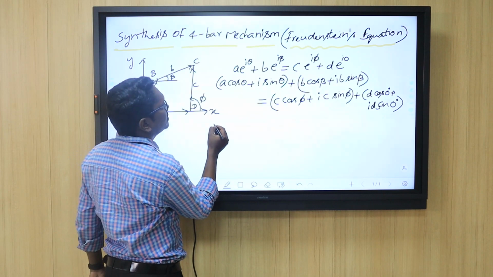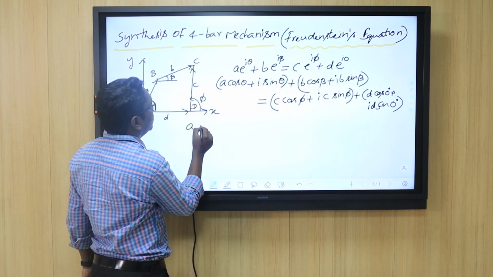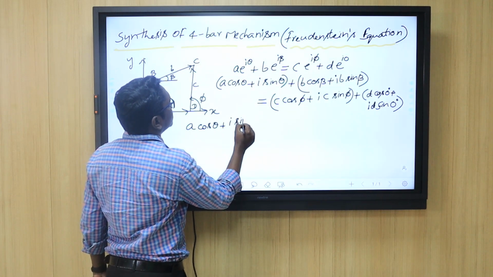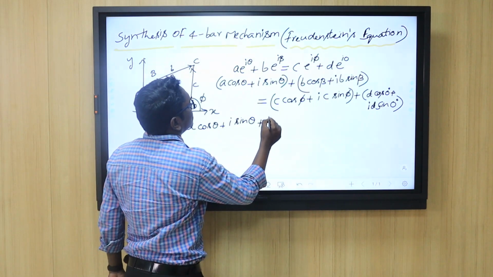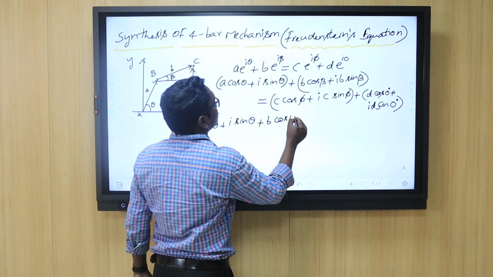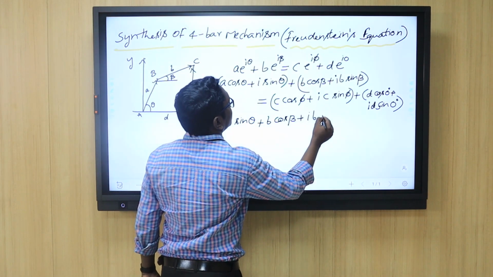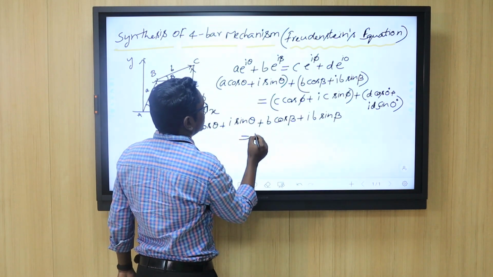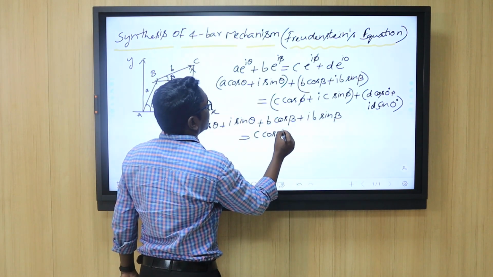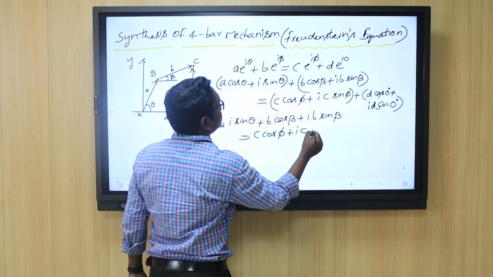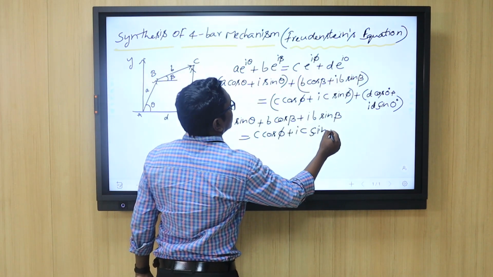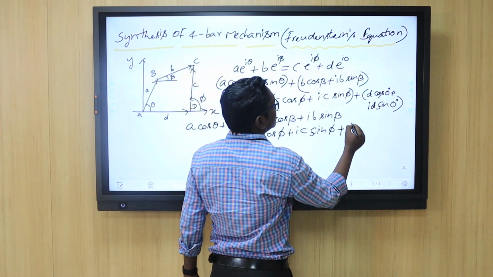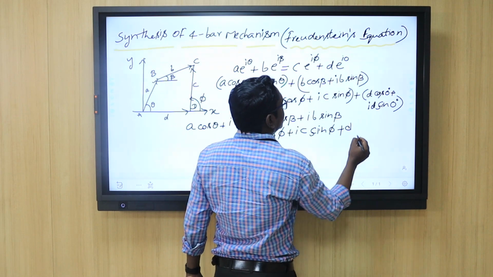Let us write the equation again: a (cos theta plus i sin theta) plus b (cos beta plus i sin beta) is equal to c (cos phi plus i sin phi) plus d, since cos 0 degrees is 1.